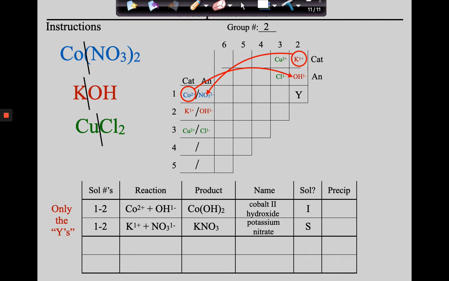The stuff in the bottom of this beaker is cobalt-2 hydroxide. The idea is that the cobalt-2 hydroxide is insoluble. We figured that out on the back of the sheet. The cobalt-2 hydroxide is insoluble, so yes, that is our precipitate. The potassium nitrate is soluble, so it is not our precipitate, which means it's still dissolved in the water.